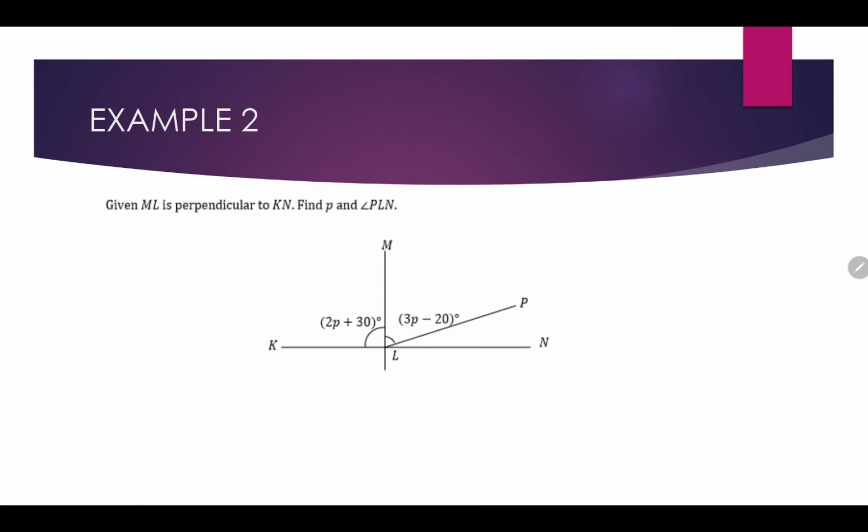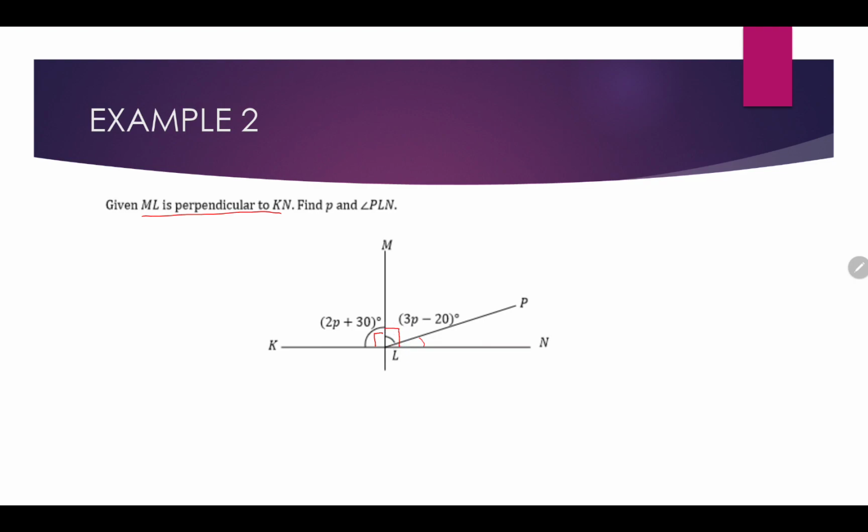Okay, so let's take a look at example 2. Given line ML here is perpendicular to line KN. We need to find P and find angle PLN here. We know that ML is perpendicular to KN, meaning that the measurement of the angle here is 90 degrees and also here is 90 degrees.